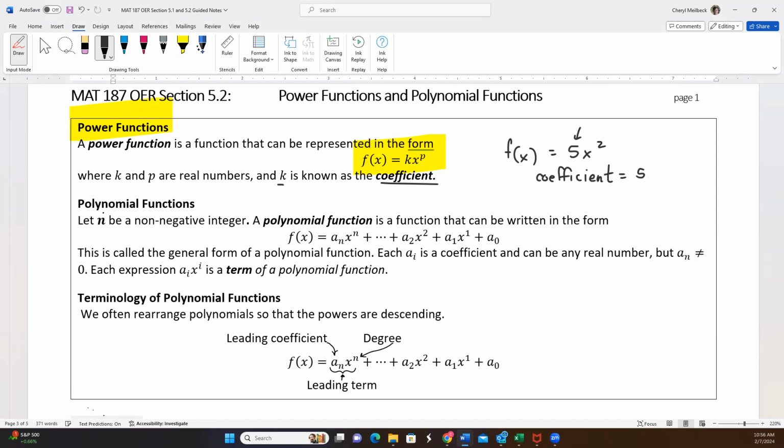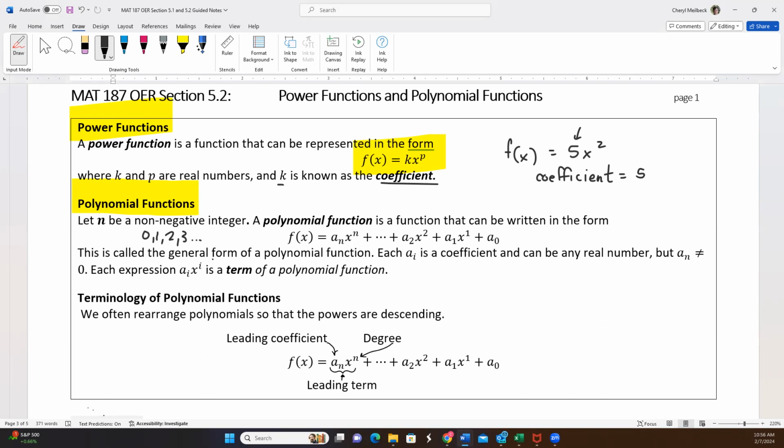Now, if we want to talk about a polynomial function, that's where you put a bunch of terms of a power function together. So let n be a non-negative integer. So we're talking 0, 1, 2, 3, etc. And a polynomial function is a function that can be written in the form f of x equals a sub n x to the n plus all the way down to a sub 2 x squared plus a sub 1 x to the first plus a naught.